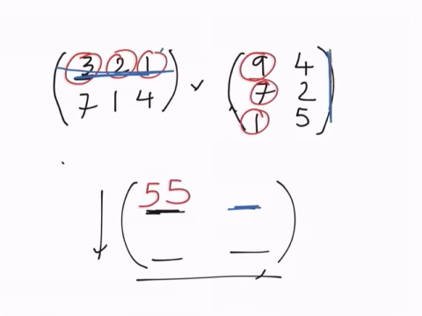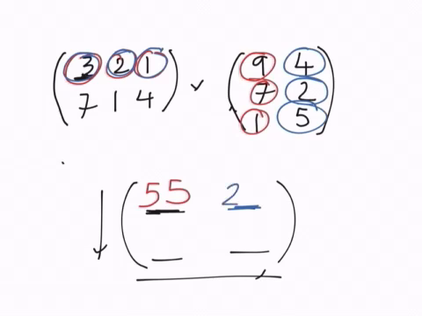Sorry, the rightmost column of the second matrix. So we are left with now 3 times 4 plus 2 times 2 plus 1 times 5. And the answer to that is, well, 3 times 4 is 12, plus 2 times 2 is 4, so we've got 16 when we add them together, and 1 times 5 is 5, so we add them together, you make 21.